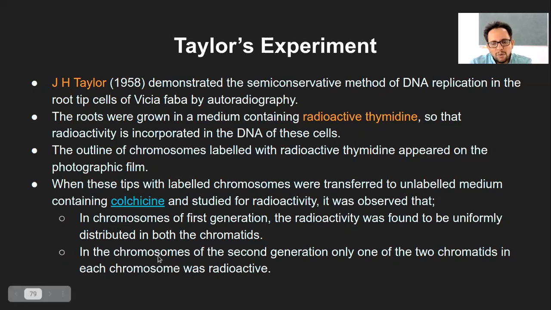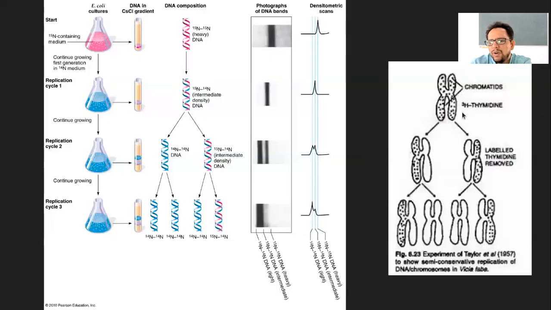And in the chromosomes of the second generation, only one of the two chromatids in each chromosome was radioactive. That means half of it was radioactive, half of it was unlabeled, right? So that is what the experiment says, and this is what is shown in the diagram.